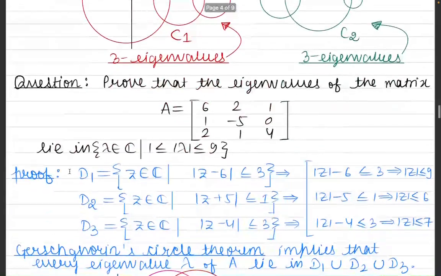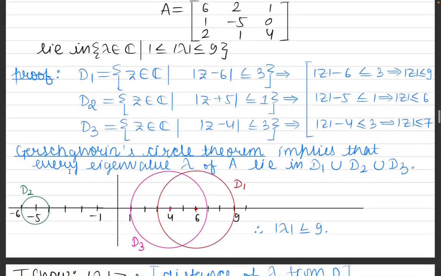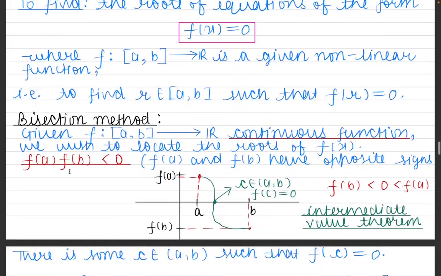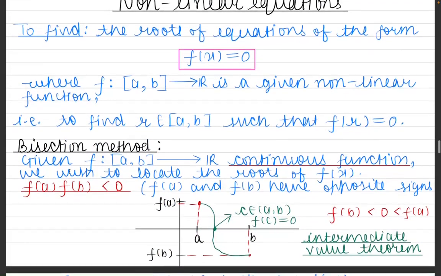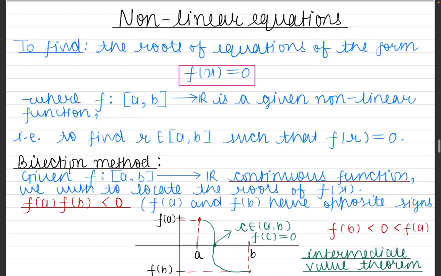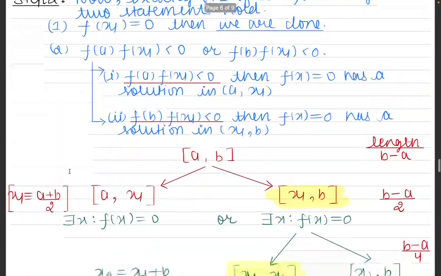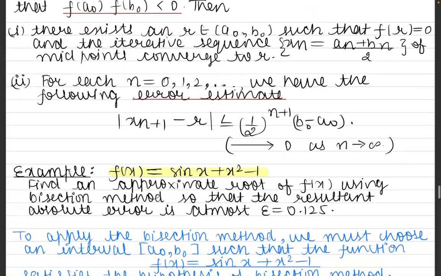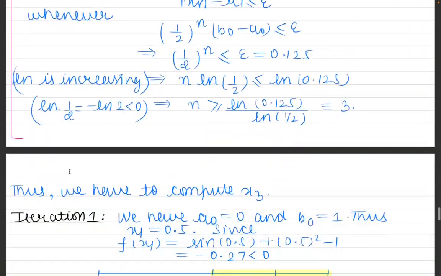So, with this, we finished the lecture. We have discussed quite a few questions. So, in this non-linear equation topic we have seen bisection method, and as discussed, we'll be discussing Newton-Raphson and secant method in the next class.